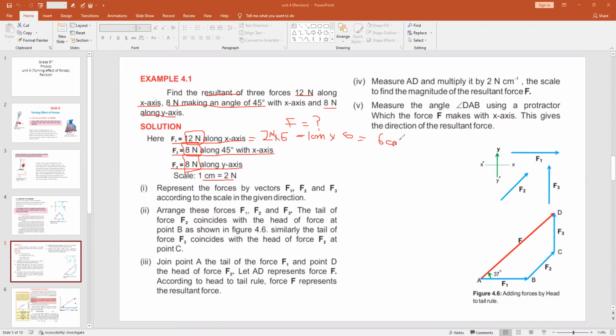For F2, it is 8 Newton. So 8 Newton equals 2 Newton multiplied by 4, because 2 multiplied by 4 is equal to 8. So I can set 2 Newton equal to 1 centimeter, as we have set the scale.